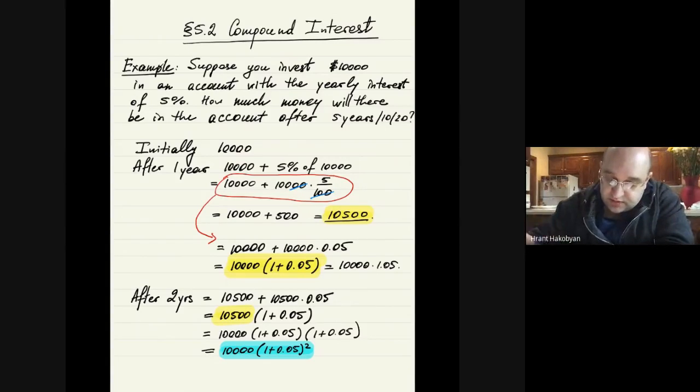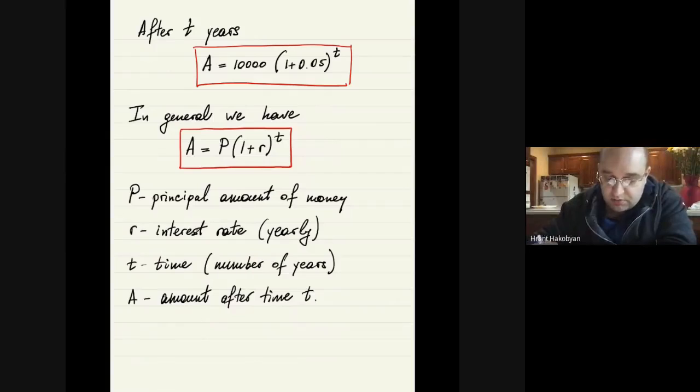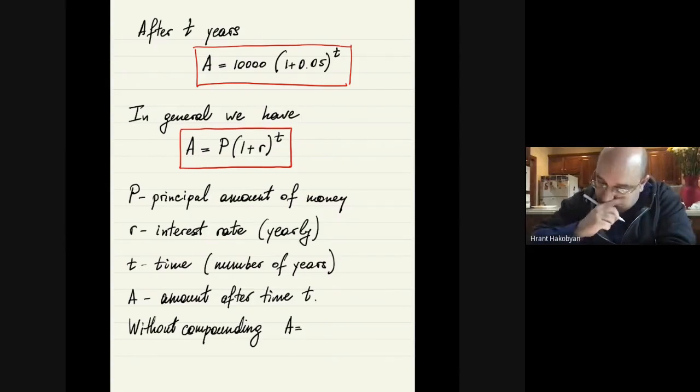There is a big difference between the two things. Let me just show you an example. So without compounding, what you get is A is equal to the principal amount, then you add a certain percentage, that's P times R. Actually, let me write it as a formula like this: P times (1 plus T times R), okay?